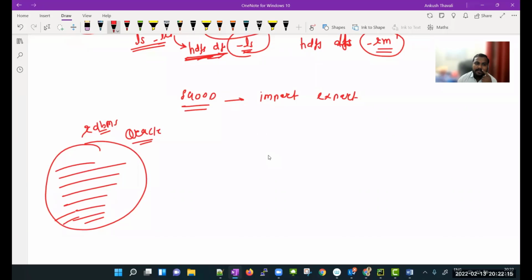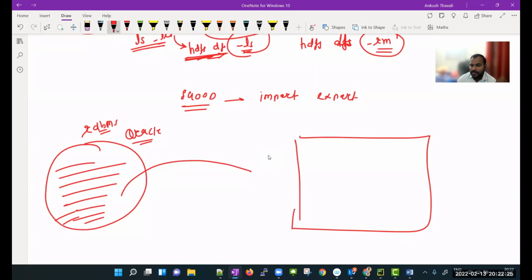Now, you want to process this data with the help of Hadoop. So obviously you need to store this data in your Hadoop ecosystem, right? On your HDFS.